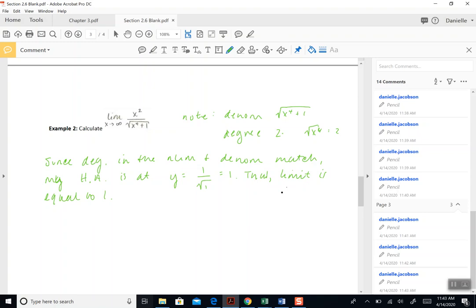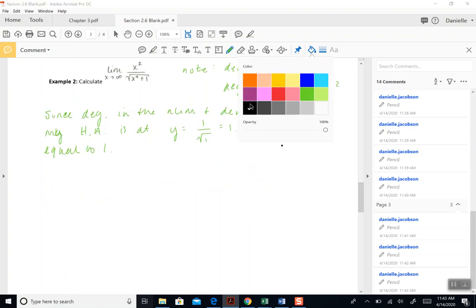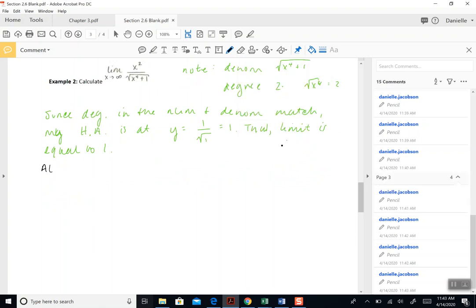However, you're not always going to be able to rely on this little trick. Sometimes you'll have to use algebra, so I'm still going to show you the algebraic process for completing a question like this. It is a little bit more tricky than what we did previously. All right, so algebraically, we have the limit as x goes to infinity of x squared over root x to the fourth plus 1.